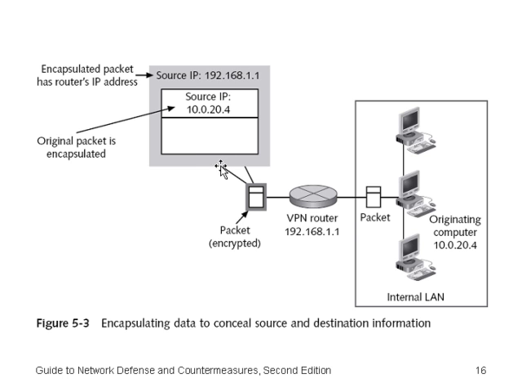So rather than going back directly to one of these computers, it goes back to the VPN router. The VPN router then strips off this encapsulated header and looks at the actual source IP, and then forwards the connection on to here. So essentially this encapsulation hides the originating computer's IP address.